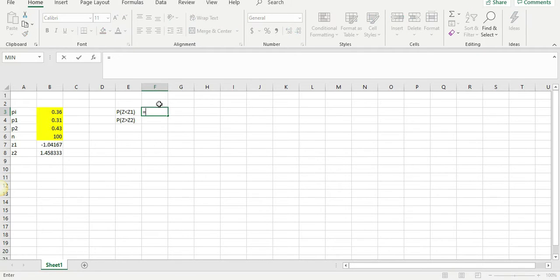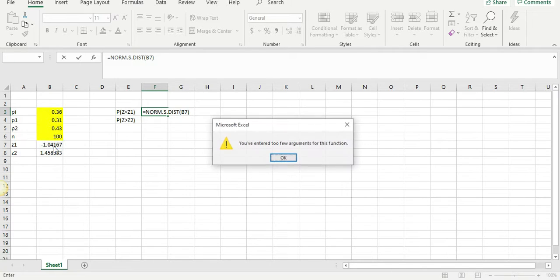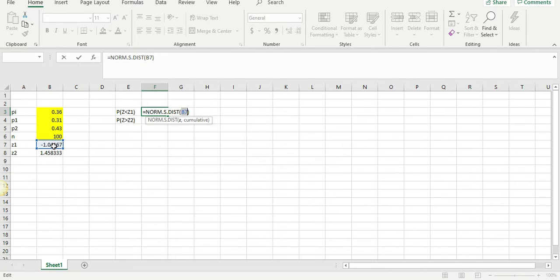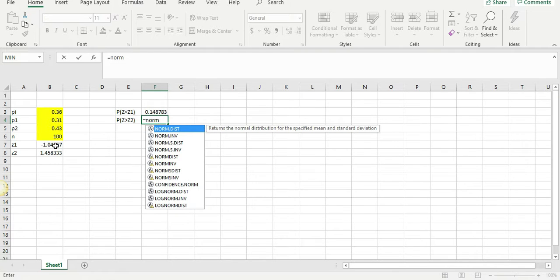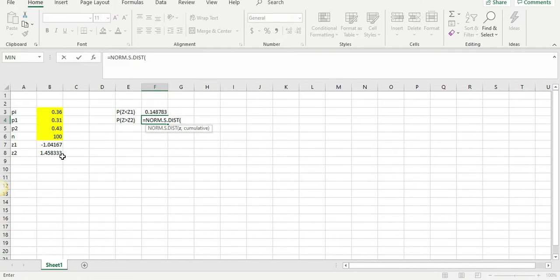So it's going to be equal to normal distribution, norm.s.dist of z1, comma true. The second one is equal to norm.s.dist of z2, comma true.